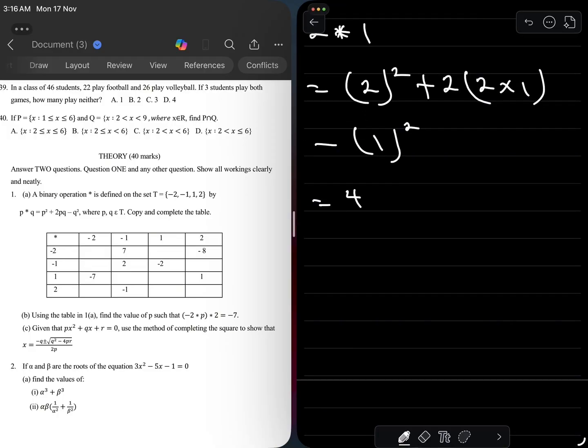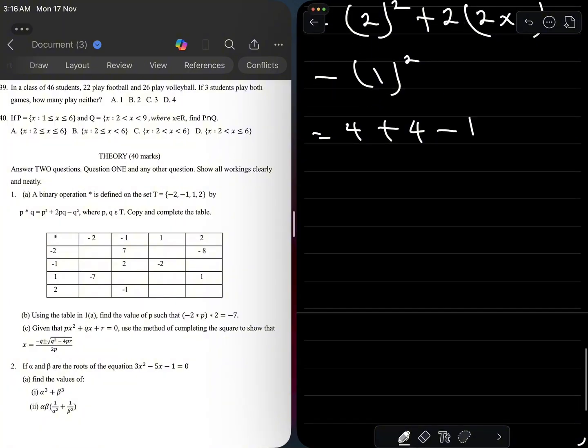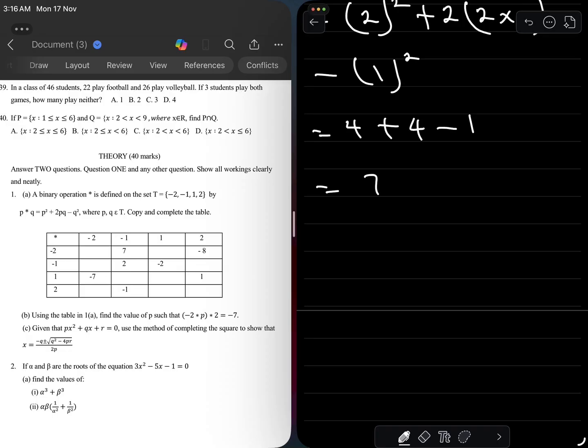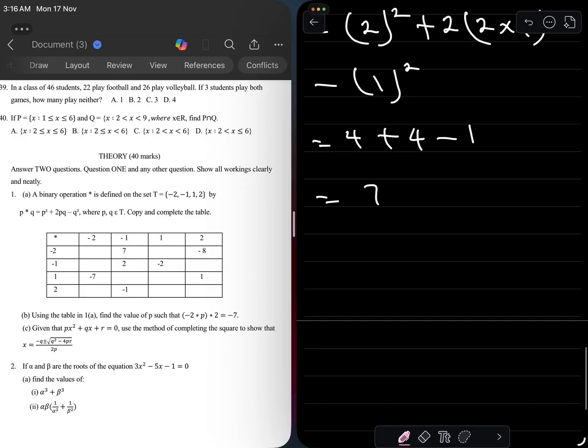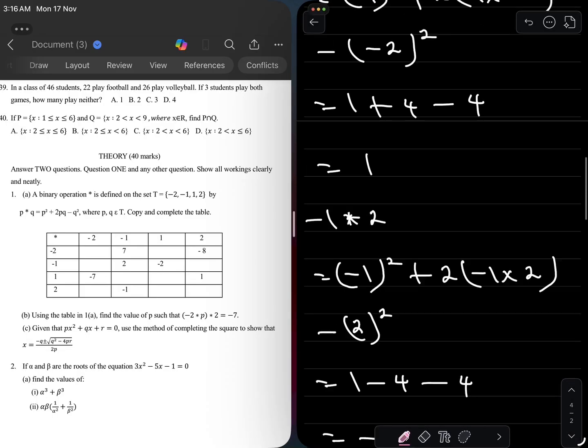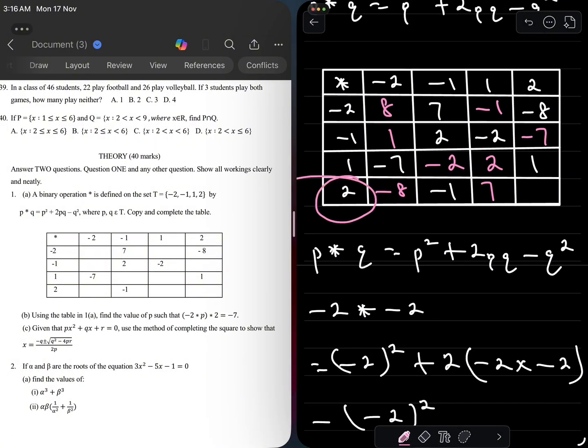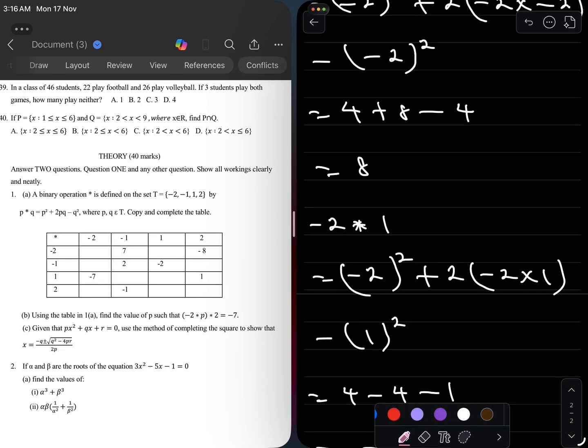And that's equal to 4 plus 4, 2 times 1 is 2 times 2, that's 4, minus 1. And that's 8 minus 1, which is 7. So 2 asterisk 1 is 7. And the next one is 2 asterisk 2.